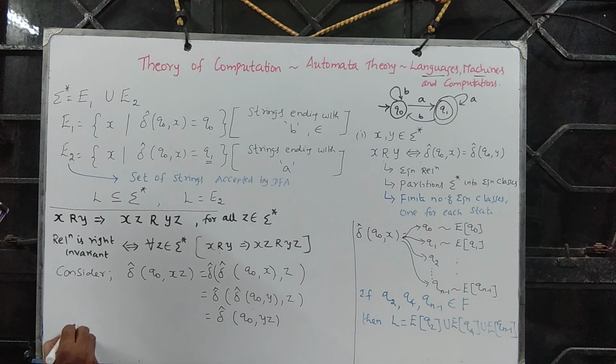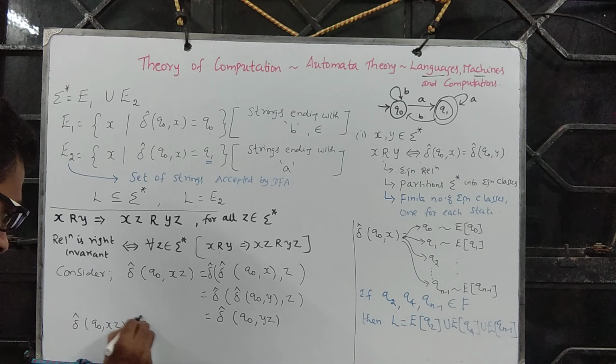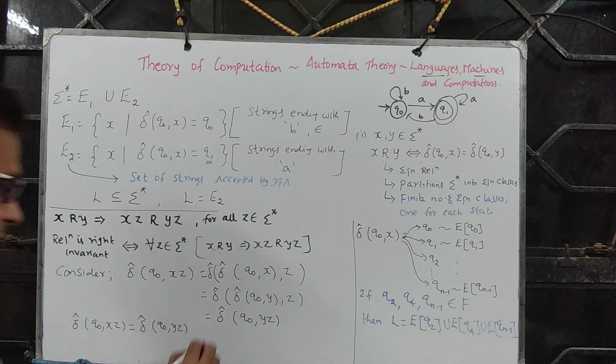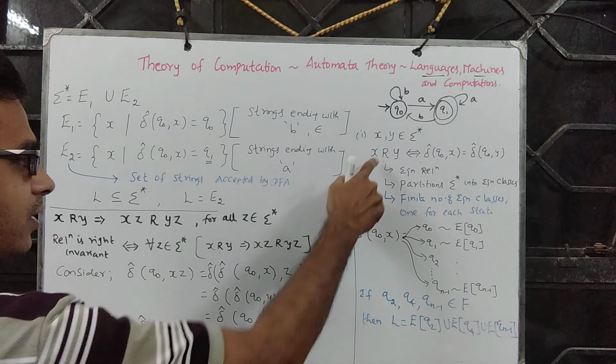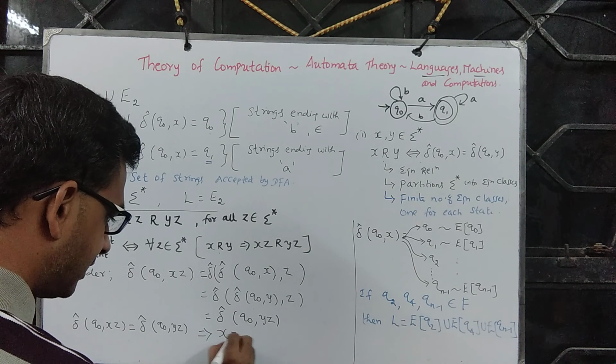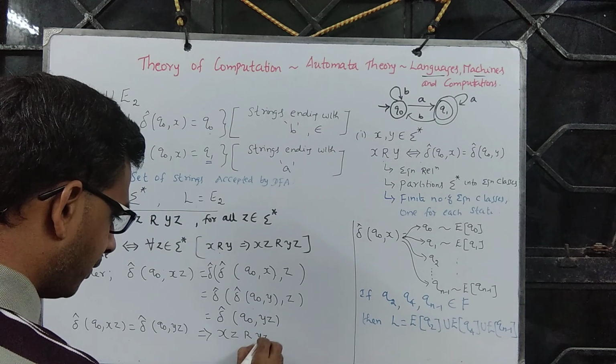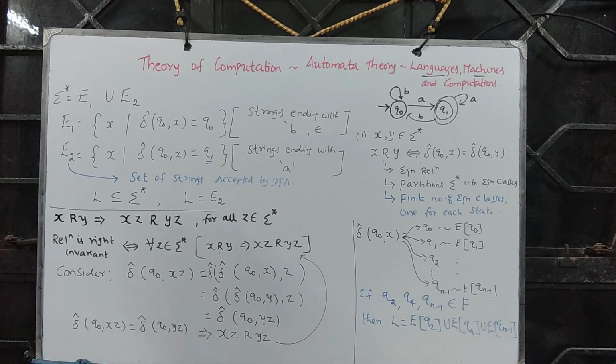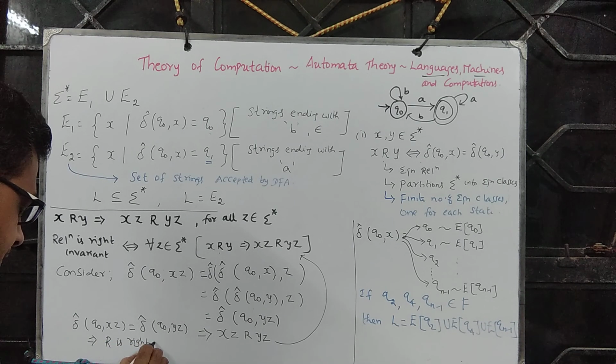So what have we shown? Conclusion: delta cap of q naught comma xz is the same as delta cap of q naught comma yz. So with this you can conclude xz is related to yz, and this is precisely what we want. So this clearly tells you our relation R is right invariant.